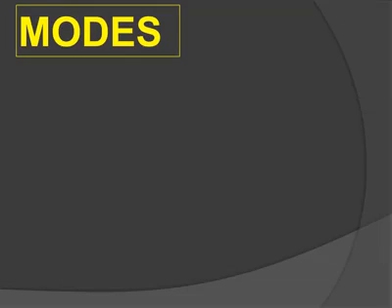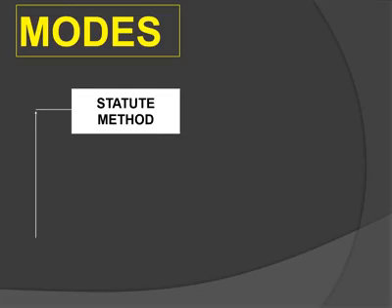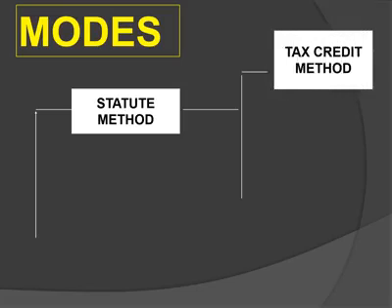So let's have a look at the modes here. We said there are two modes. The statute method, which is present in our code right now, because we allow for tax credit of foreign taxes paid. In short, the foreign taxes paid are allowed to be deductible from the income that is due to the Philippine government.